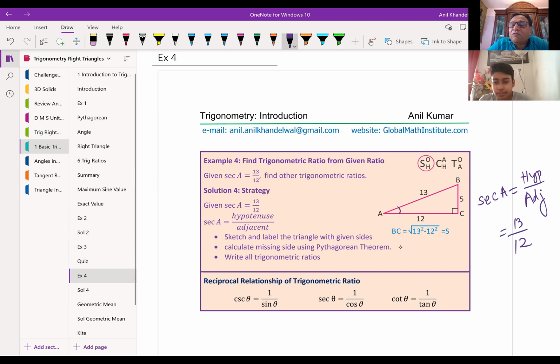Once you know these two sides, you can find the third side using the Pythagorean identity. So 13 squared minus 12 squared, square root, will give us 5 as the result.